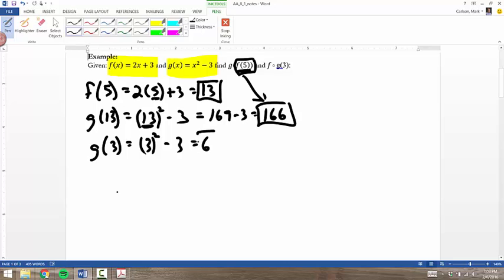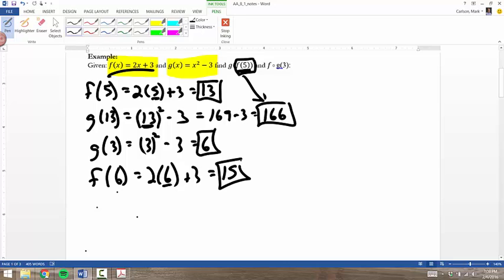Now I'm going to take this 6 and put it into my f function. So f of 6 is equal to 2 times 6 plus 3, which is 12 plus 3, or 15. Therefore, f following g of 3 is equal to 15.